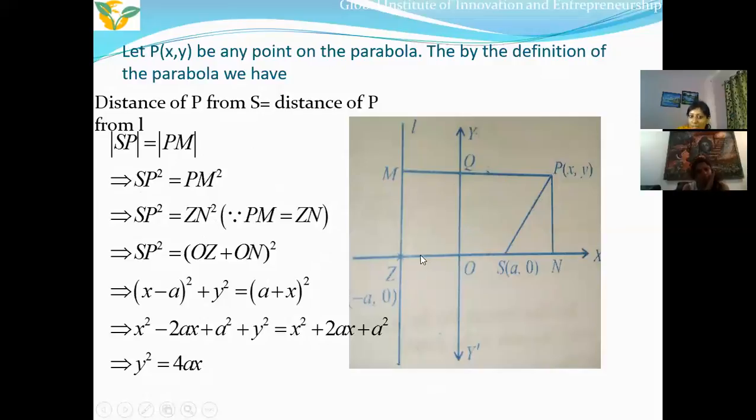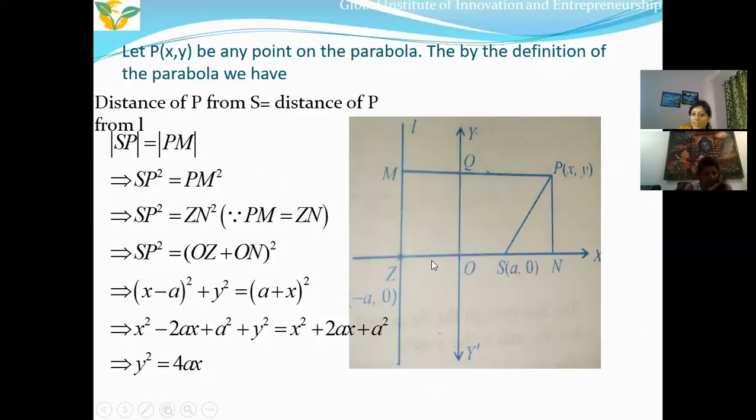See, this particular PM is parallel to Zn, and both the distances are the same. That's the reason, as we don't have any coordinates for M, it would be very difficult for us to simplify the equation. So with respect to PM, we take one more equal line, called Zn, because PM is equal to Zn.